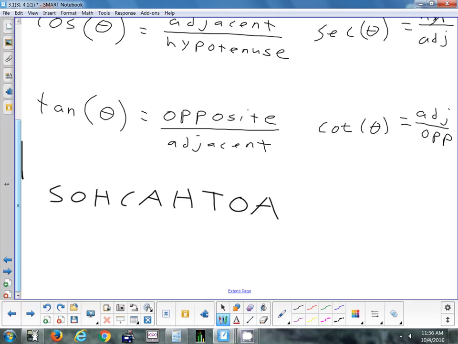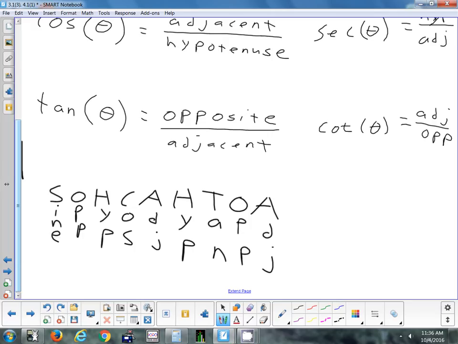Jesse? So it's sine, and then it's opposite over hypotenuse. Yeah, sine is opposite over hypotenuse. And then the CAH is cosine, and it's adjacent over hypotenuse. So cosine is adjacent over hypotenuse. And what about the last part? Tangent is opposite over adjacent. Yeah, tangent is opposite over adjacent.